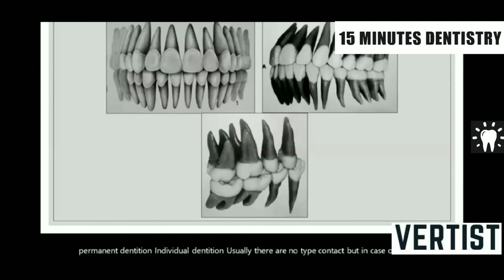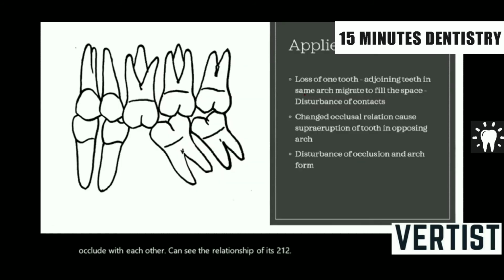If there are no tight contacts, the teeth won't survive longer. Either they will destroy themselves, or they will get fractured, or they will destroy their supporting apparatus. So this is how the teeth occlude with each other. You can see the relationship of the teeth. One tooth is usually occluding with two other teeth in the opposing arch.